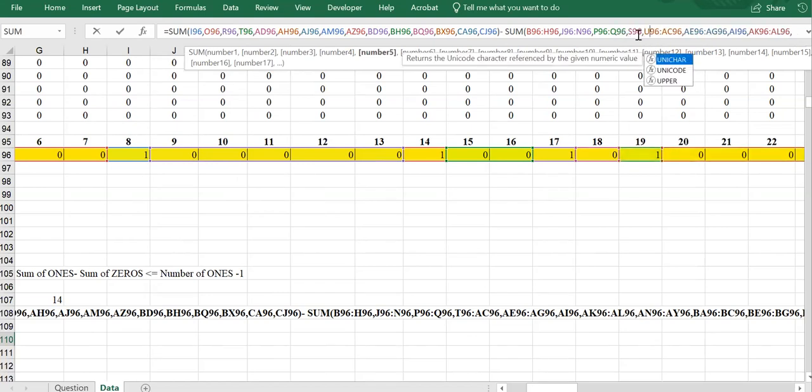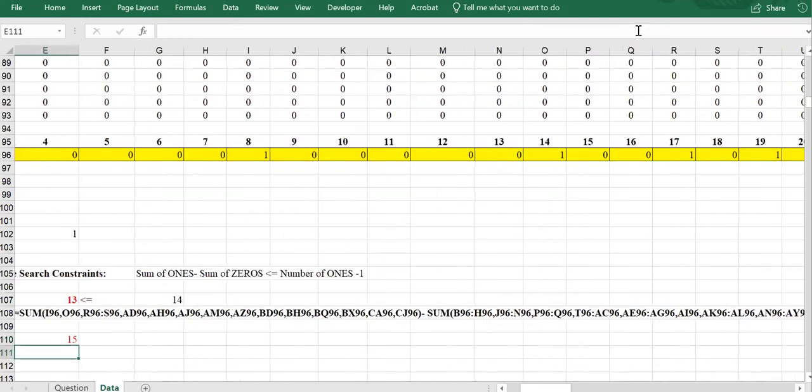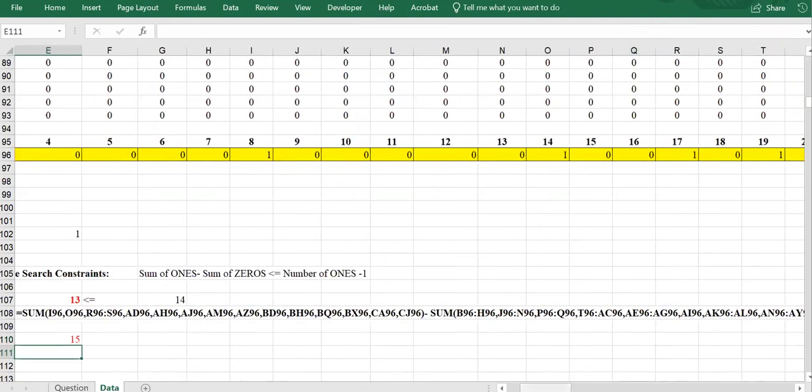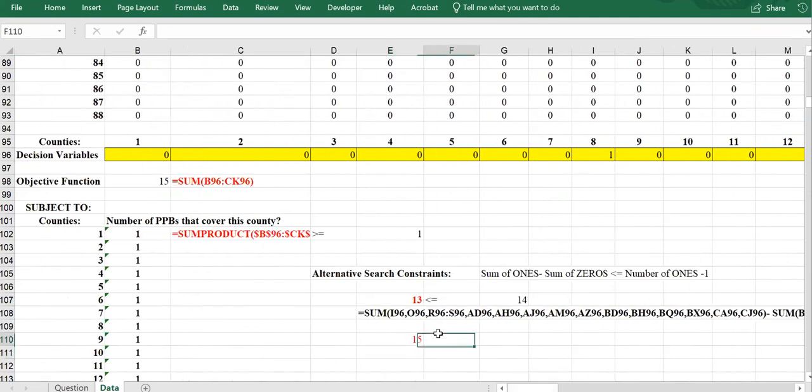So I added S to my zeros and I excluded T's. So I started here. Instead of T, I started from U. So that's all good. So now it's 15 and I want it to be less than or equal to 14.